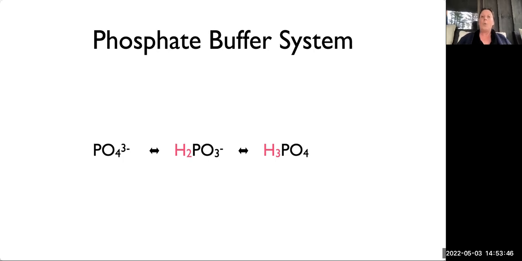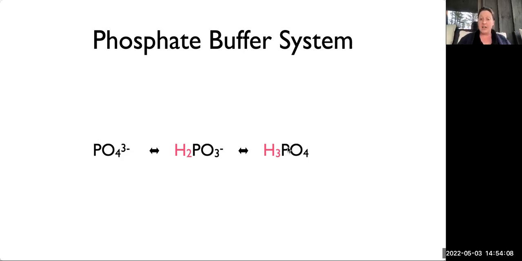All right. We also have a phosphate buffer system. This is a phosphate, and phosphate is capable of taking on protons. So it can either take on 2 protons, or if the solution is really acidic, it can take on 3 protons. So it has a way to take those out of solution when there are too many.